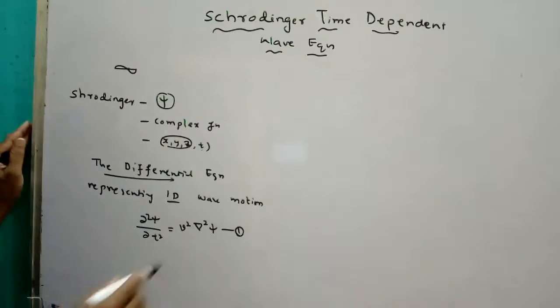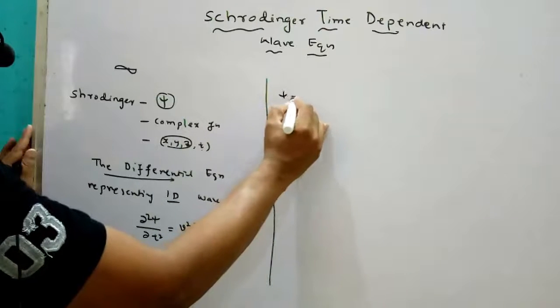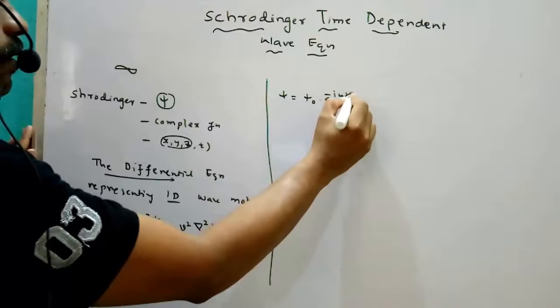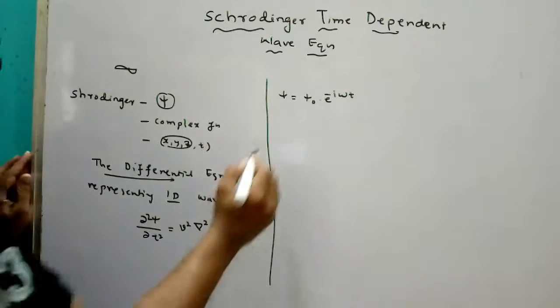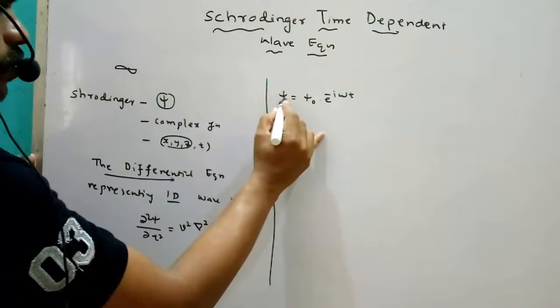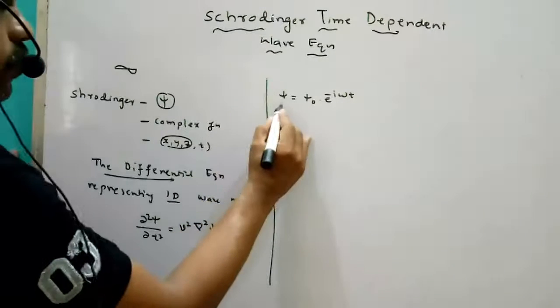So the solution for this one: psi equal to psi naught e power minus i omega t. This is a function of x, y, z and time, space coordinates and time. Now I am differentiating this one.